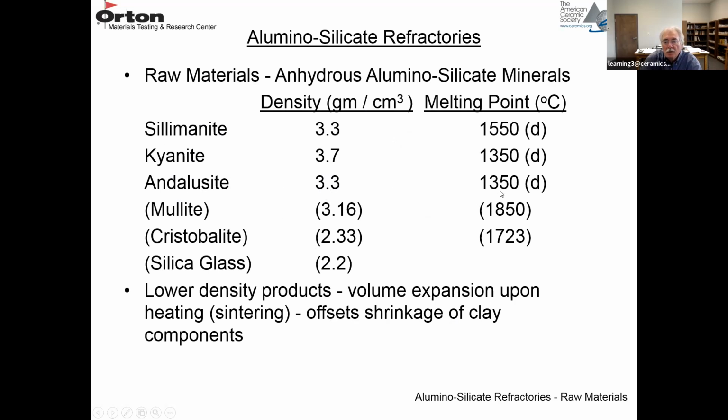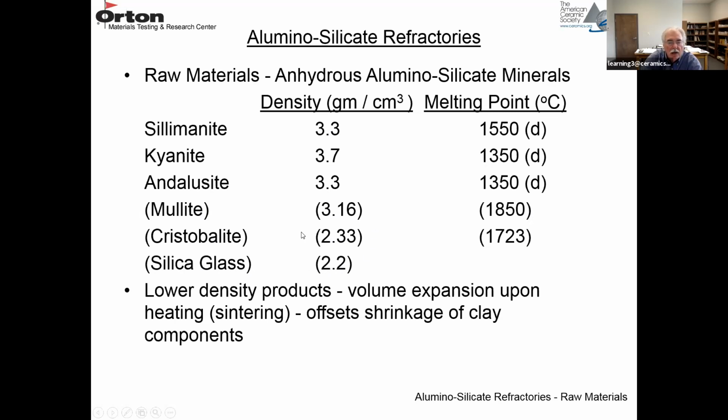These decompose at these temperatures, and they decompose to mullite and cristobalite. So mullite relative to these minerals is 3.16. Cristobalite's only 2.33. Mullite melts at about 1850 C, and cristobalite at 1723 degrees C. Silica glass, if it's in the amorphous form, is 2.2.